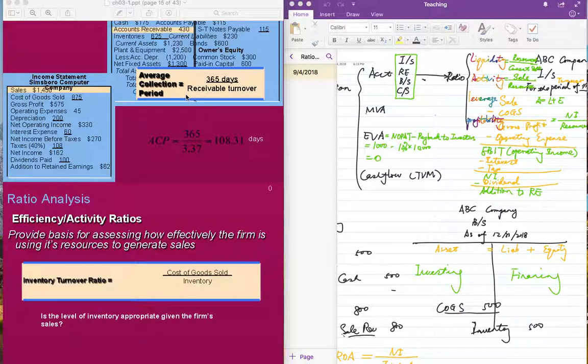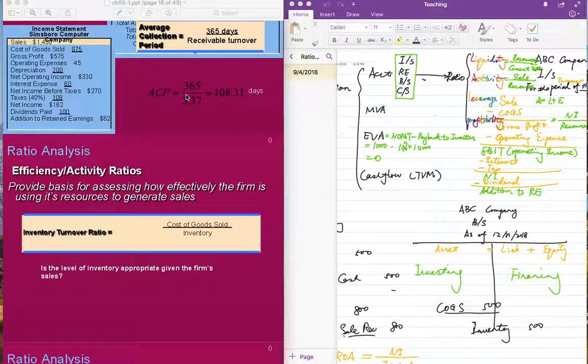Does the question ask for the turnover ratio, or does it ask for the average collection period? If you want to calculate the average collection period, you might as well just calculate the turnover ratio first, and then use 365 divided by the turnover ratio to get the collection period.